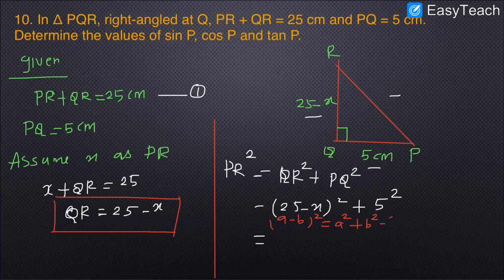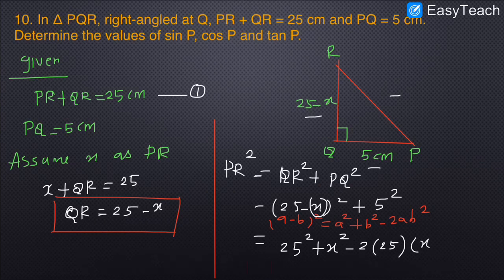So, a minus b the whole square equal a square plus b square minus 2ab. So, let us substitute the value. For a square, 25 square, plus for b square here we have x square, minus 2 for a 25, for b x.